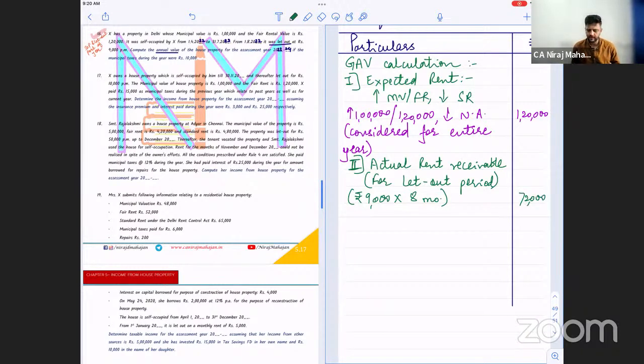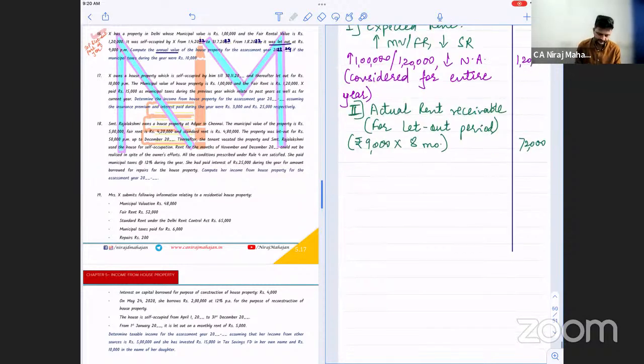Is this fair or not fair now? Look at the GAV. What will be my GAV? 120 or 72? My GAV which will be 72. It is fair or not fair? Not fair. So my GAV will be what? 120, higher. Not fair, because actually income I've earned 72. But for taxation, I'm taking 120.